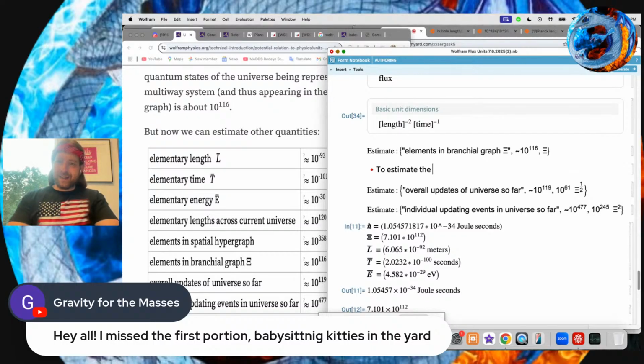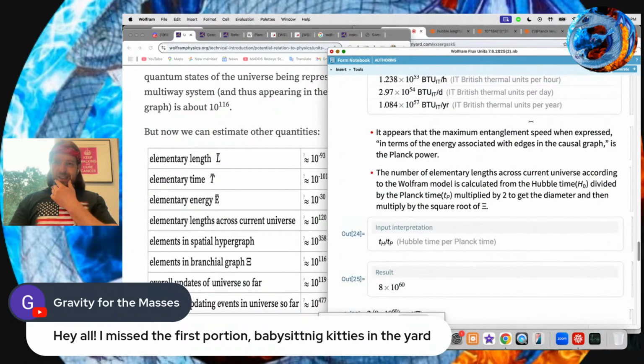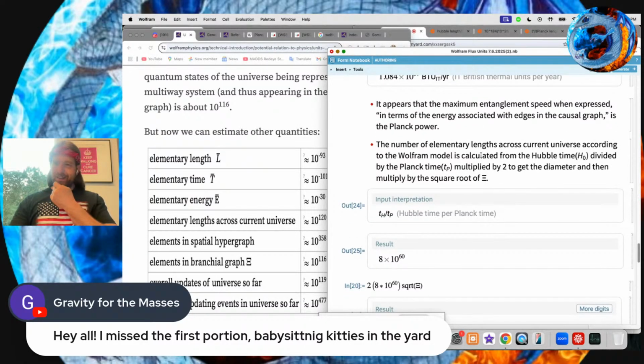Estimate the overall updates of the universe thus far. Where was that? We use our same calculation, Hubble time divided by the Planck time.